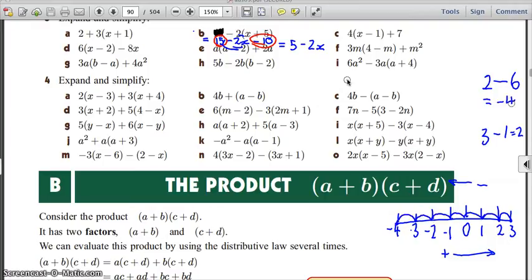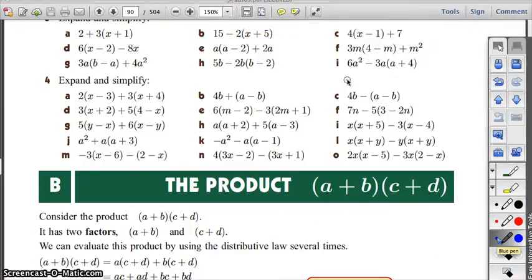The answer is -4. Or if my question was -4 plus 1, I'm plussing, so I'm going this way. I start at -4, move 1 place, and end up at -3. So if you don't have a number line, I strongly suggest you put a number line in the back of your book. Because you'll get all the algebra right, you get the numbers wrong, and that'll be a shame.